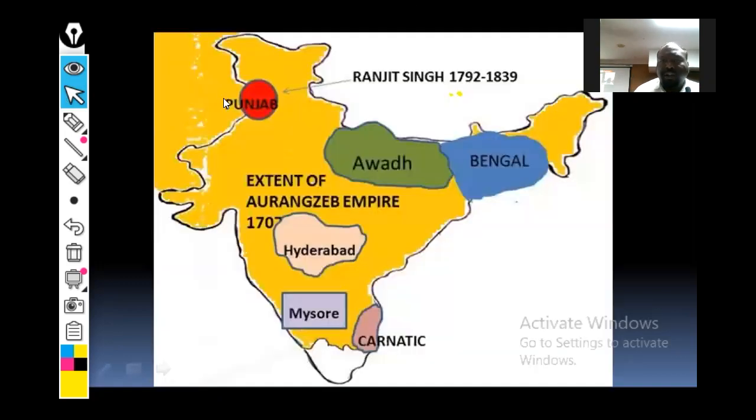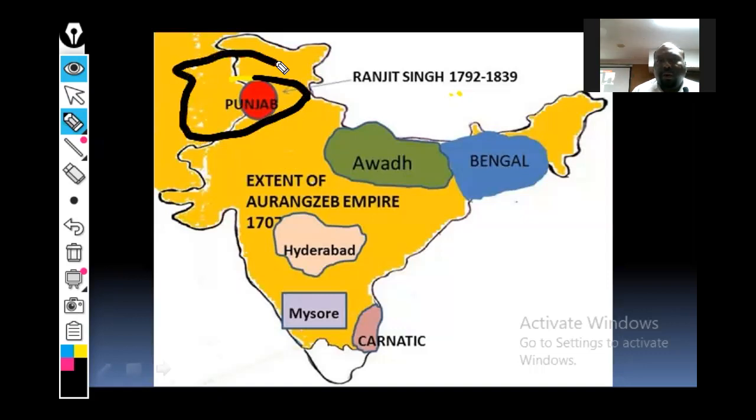So Ranjit Singh, you can see where is Punjab? Now all the areas have been subjugated. What is remaining now? Even Sindh is compromised. The only thing is this area, which is under the control of whom?